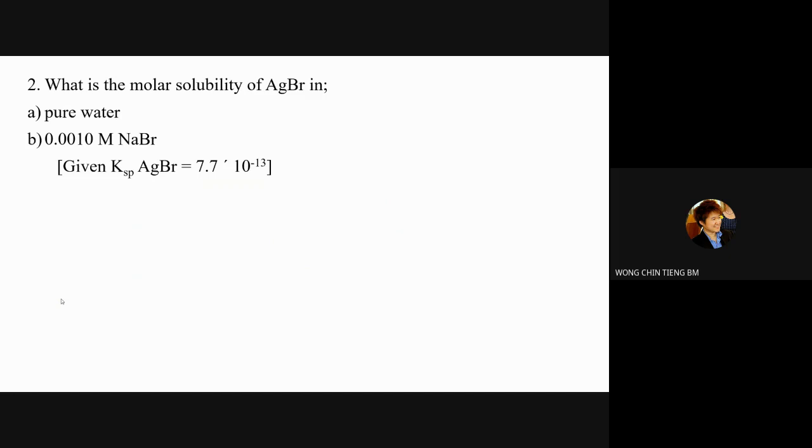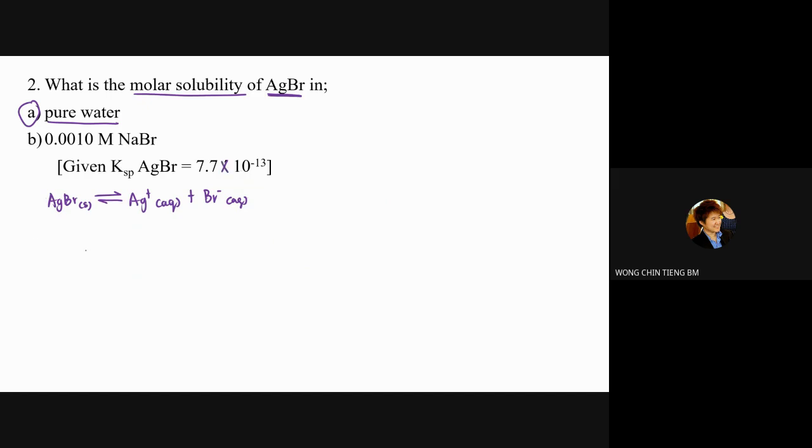Kita buat sama-sama lah. Okay. Untuk pure water, bermakna macam tadi yang kita jawab tadi itu adalah pure water. Initial kosong bermakna pure water. Okay? So, the question asking for the molar solubility of AgBr. Soalan senang ni. I have my AgBr, solid, will break down to become my Ag plus aqueous, forming my Br minus.